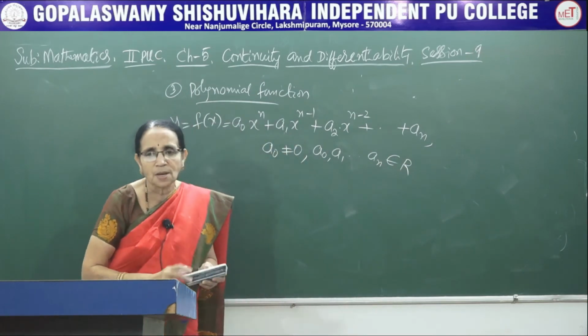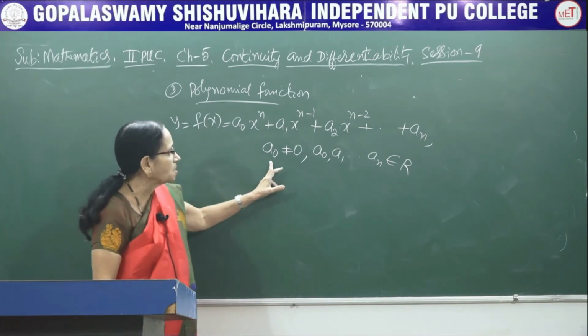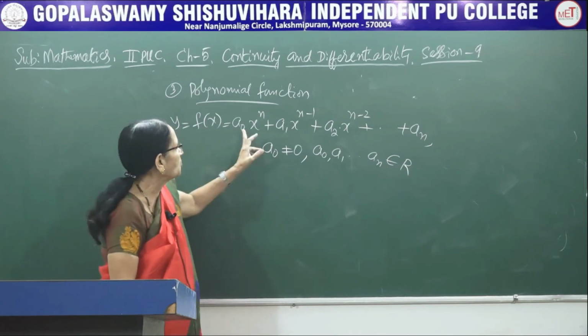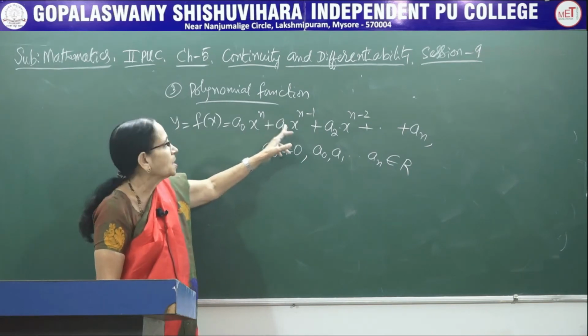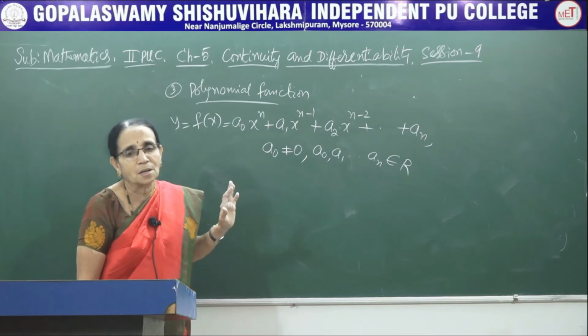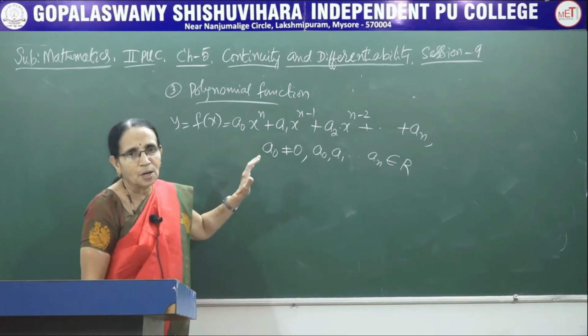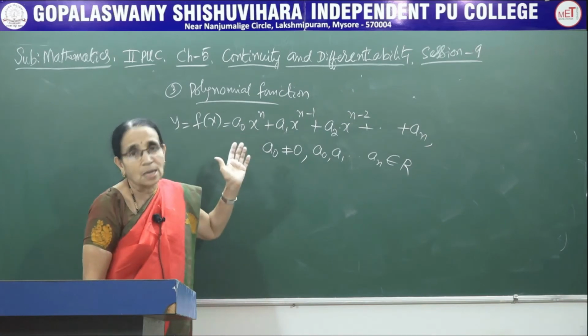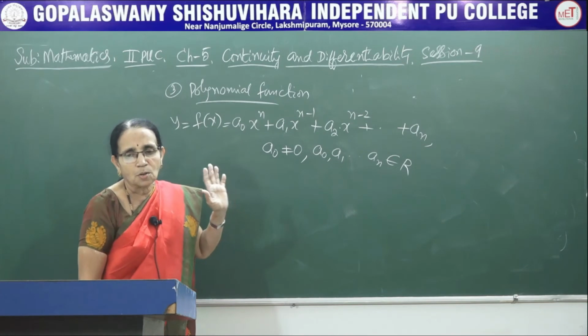Now, this is a general polynomial function. Why have I taken a0 not equal to 0? If this becomes 0, it will not be an nth degree polynomial, it becomes an n minus 1th degree polynomial. We are considering a polynomial function whose degree is n. Therefore, we take the first coefficient not equal to 0.